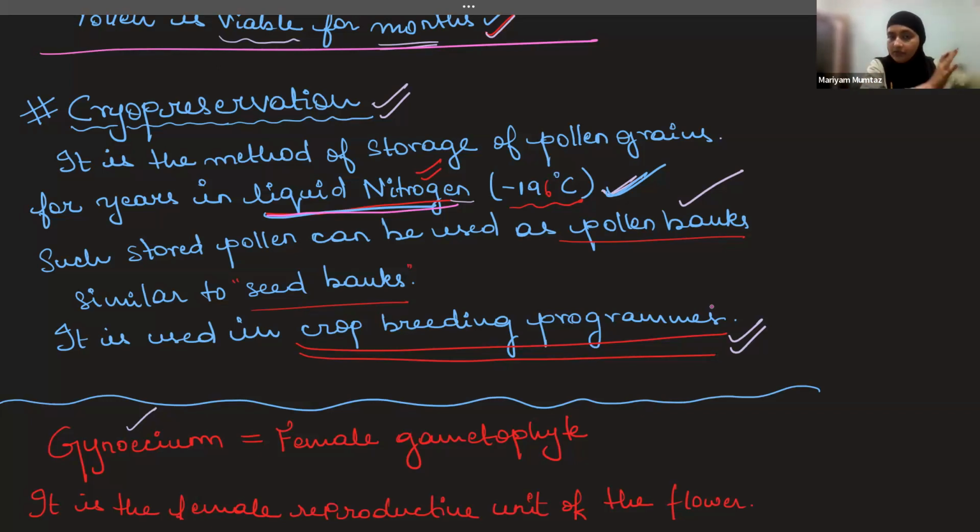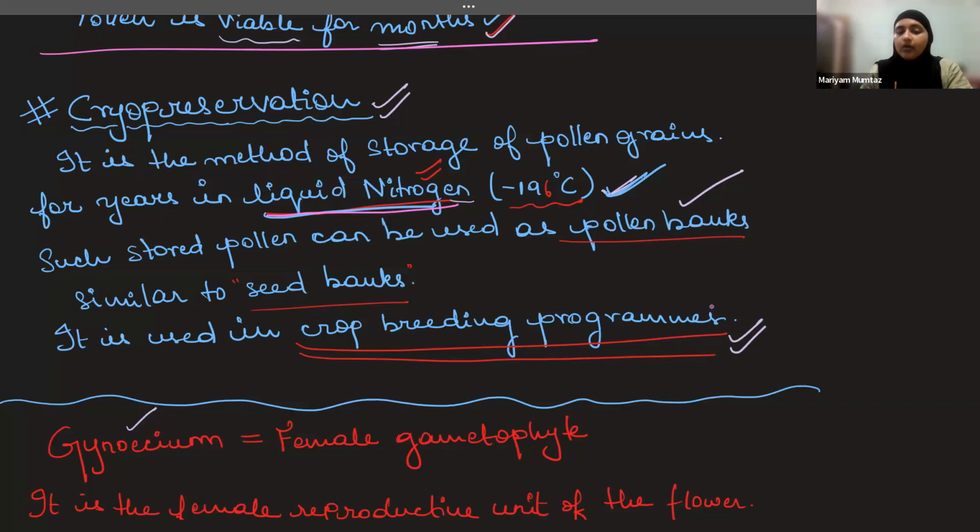But in that transportation time, the pollen will not be viable anymore. So those pollens are stored in liquid nitrogen. And when that happens, the pollen grain stops growing. It gets arrested for that period of time. And when it is taken out from that solution, then it will be viable.